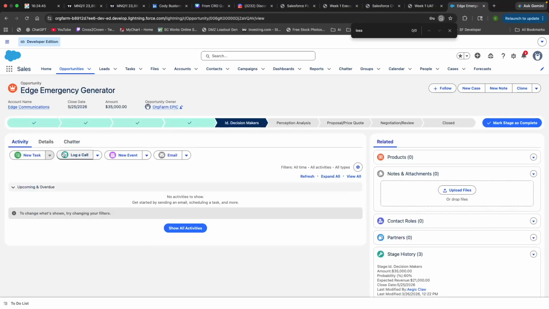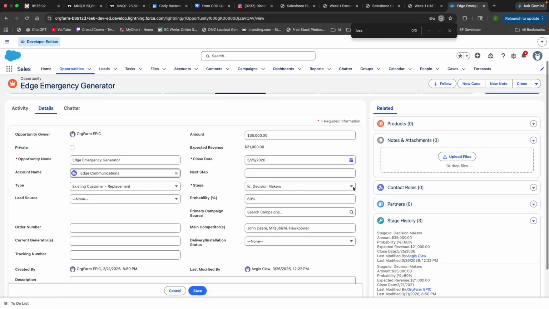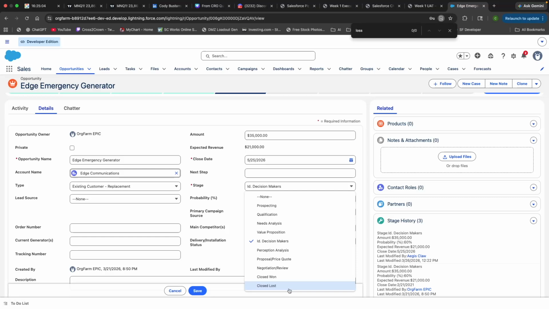Let's see. So what I'm doing is I'm double checking to make sure that it's not floating around somewhere. Okay, so let's go ahead and lose this. Where's the stage? I want to do it this way. Okay. Close lost.